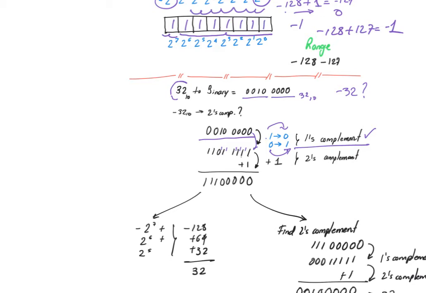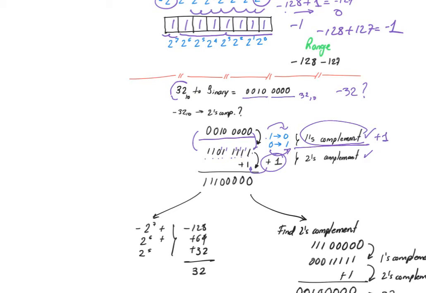So I have 1, 1, 1, 1, 0, 1, 1, which is the opposite of this. That's 1's complement, and 2's complement is found by adding 1 to 1's complement. So I add 1, which is this 1 here, and then I just do the binary addition.